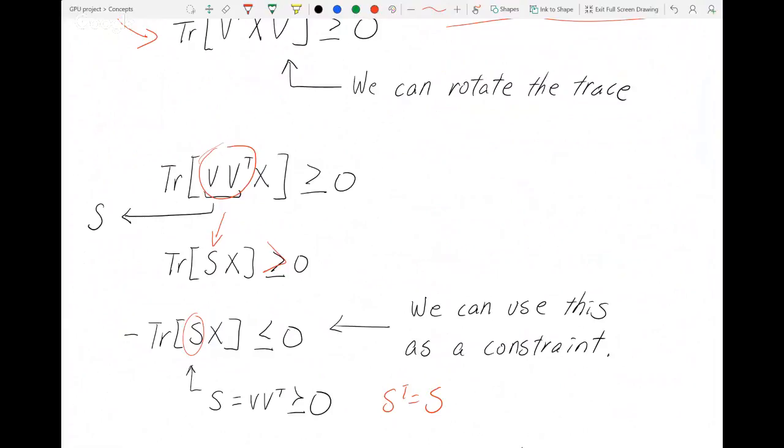It came from a multiplication of two matrices multiplying with its own transpose. So now you kind of see how the positive semi-definite constraint is basically equivalent to minus trace of Sx, where S is some matrix.